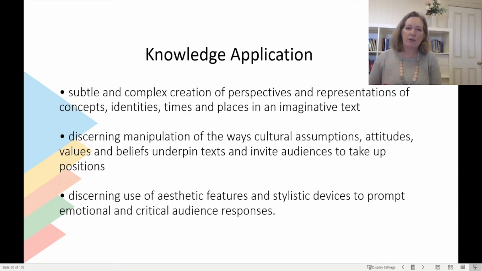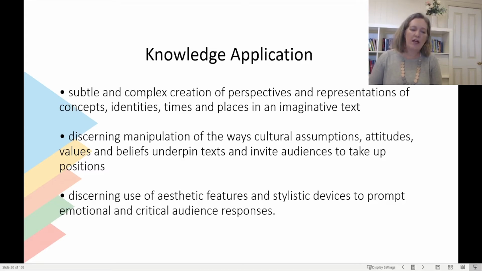So there are three descriptors in this criteria. Firstly, your work needs to show subtle and complex creations of perspectives and representations of concepts, identities, times, and places in an imaginative text. The second one is that you need to show discerning manipulation of the ways that cultural assumptions, attitudes, values, and beliefs underpin texts and invite audiences to take up positions.